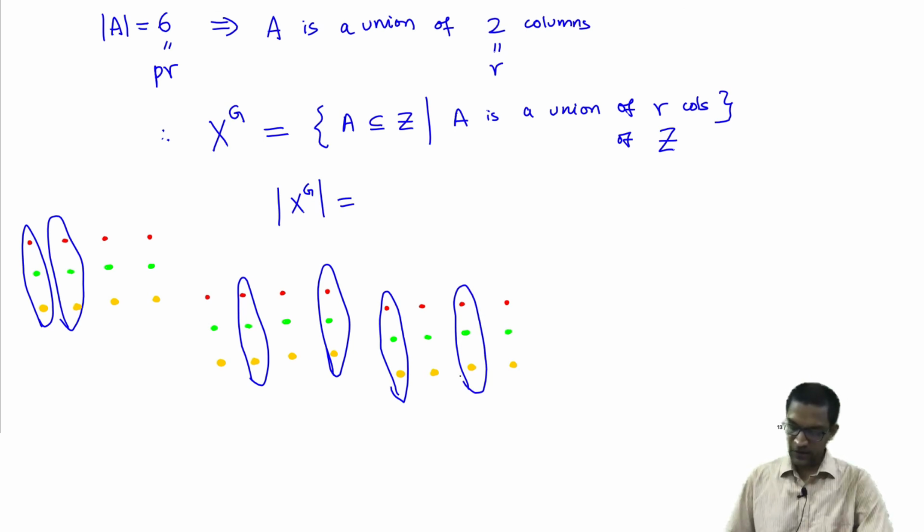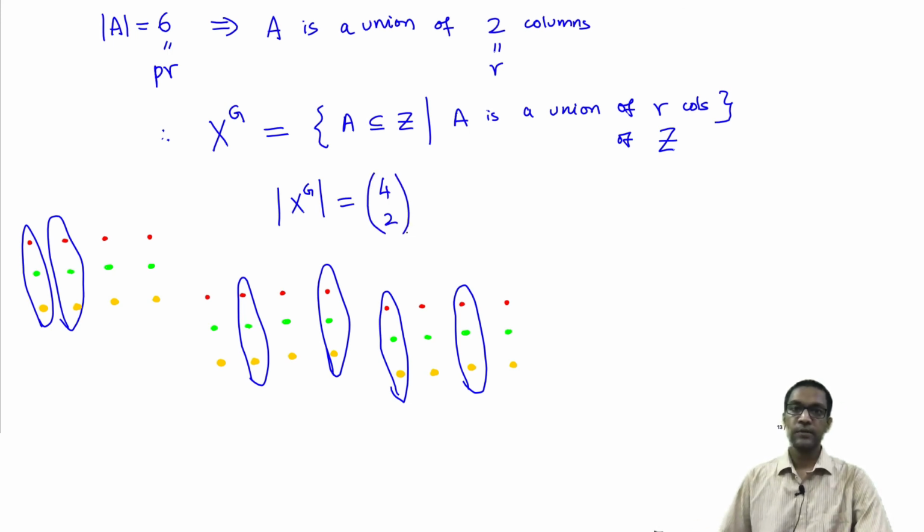So the number of different ways of choosing 2 columns out of the 4 columns. Take the 4 columns that we have and choose any 2 out of them. That's going to be the total number of ways of manufacturing elements A which satisfy this required condition.